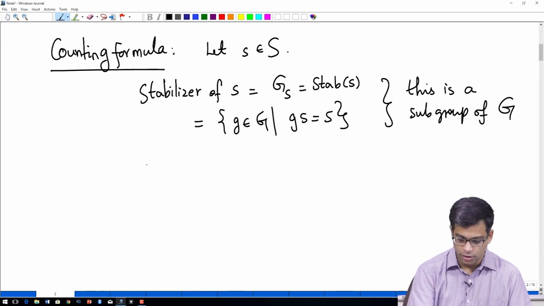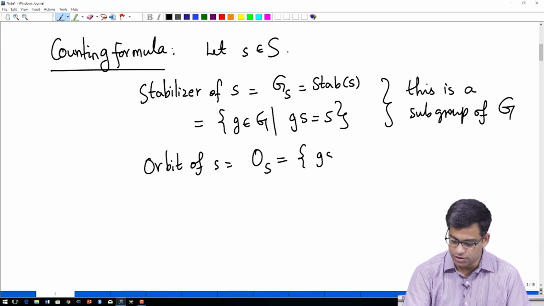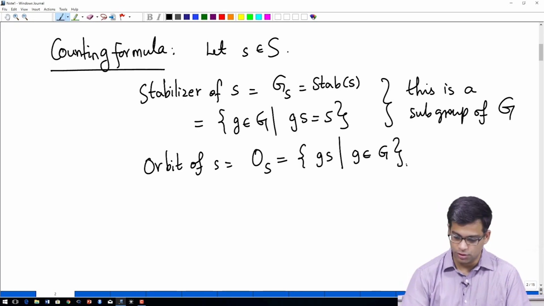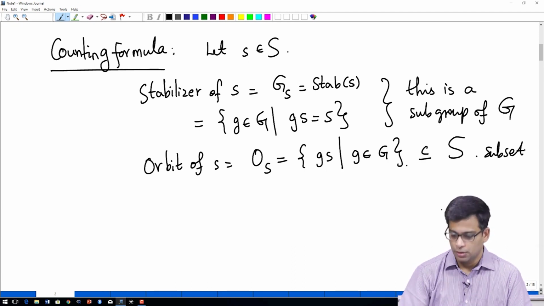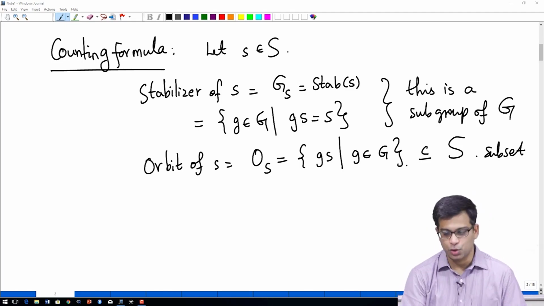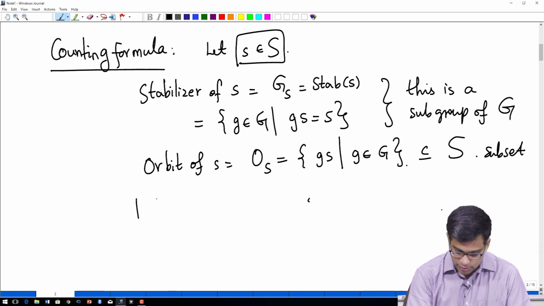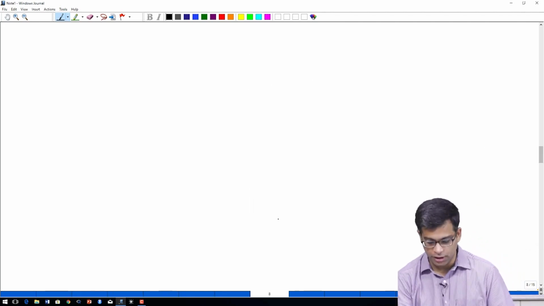The other important set that we have attached to small s is the orbit of s, which I denoted by O_s. It is a subset of S given by gs, g belonging to G. These are the two things that we attach to a particular element s, and the counting formula says the order of G is equal to the order of the stabilizer times the order of the orbit, meaning the number of elements.